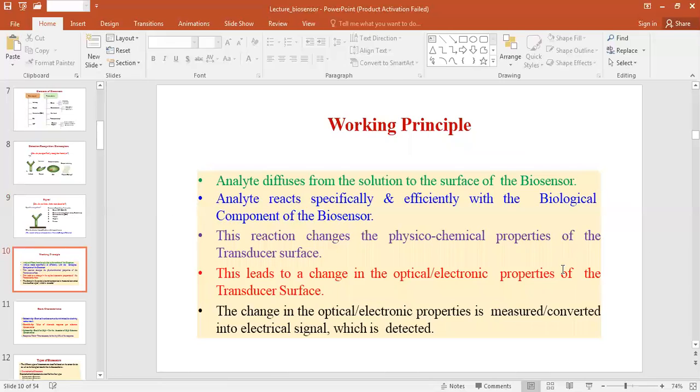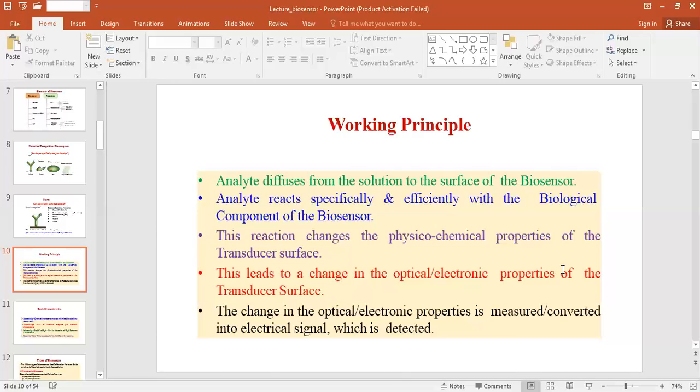Usually a specific enzyme or preferred biological material is immobilized by some of the usual methods, and the immobilized biological material is in near contact to the transducer. The analyte connects to the biological object, which in turn gives the electronic reaction that can be calculated.